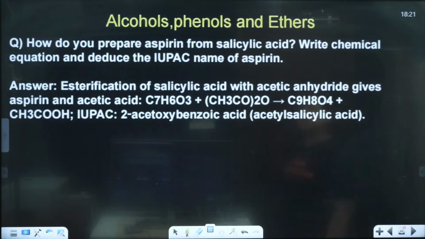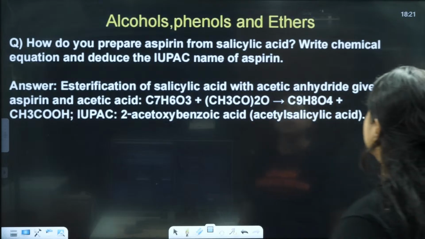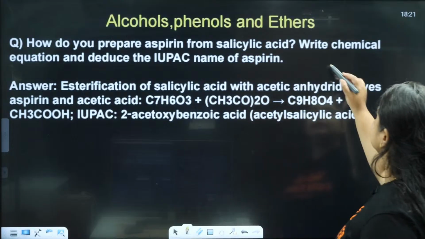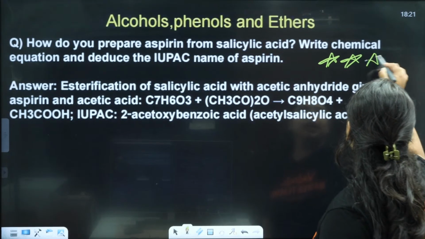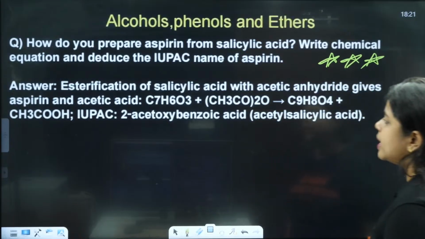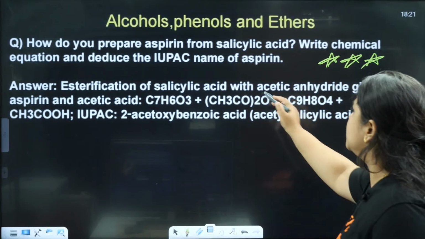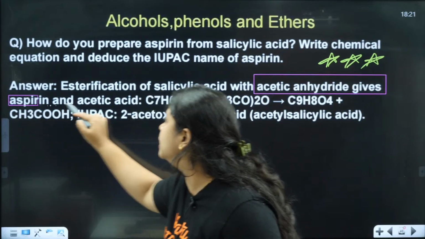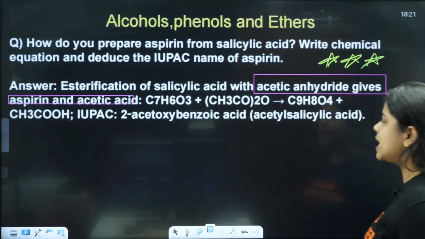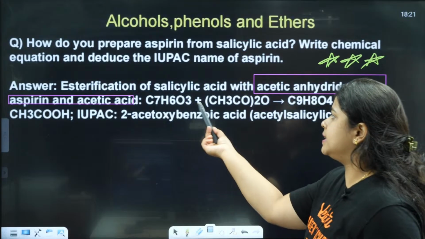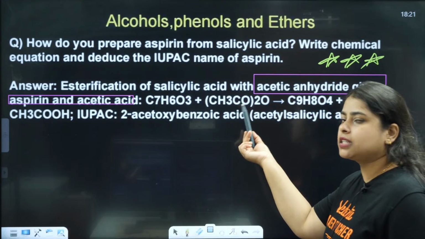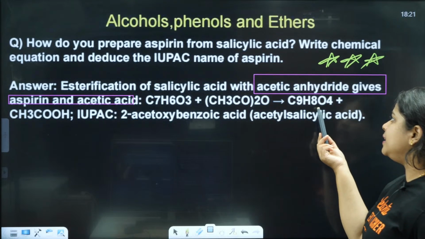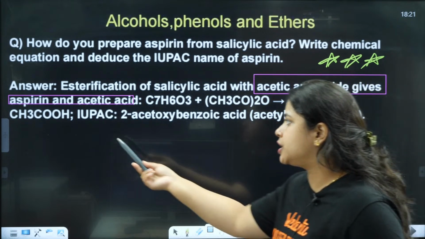Next, how to prepare aspirin from salicylic acid? Write the chemical equation and deduce the IUPAC name of aspirin. This is very important, guys. Most asked question. So esterification of salicylic acid with acetic anhydride will give aspirin and acetic acid. The reaction is C7H6O3 reacting with (CH3CO)2O to form C9H8O4 plus CH3COOH.